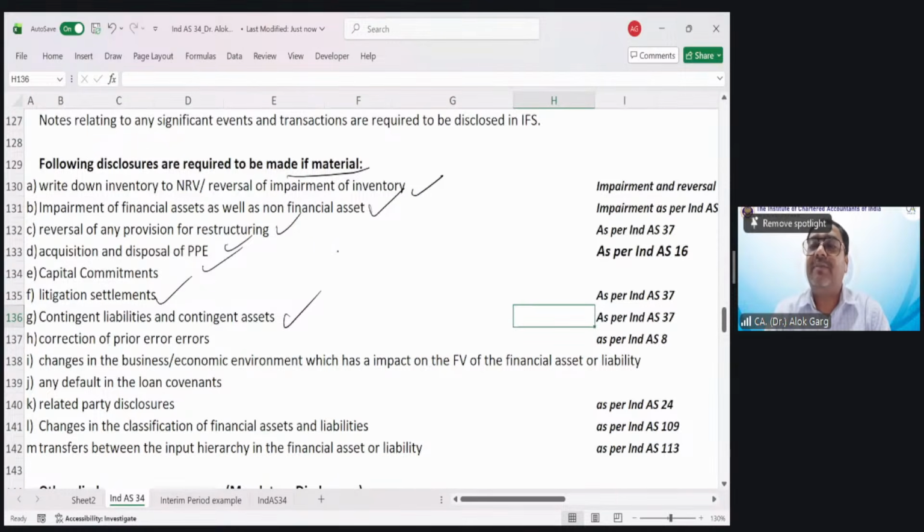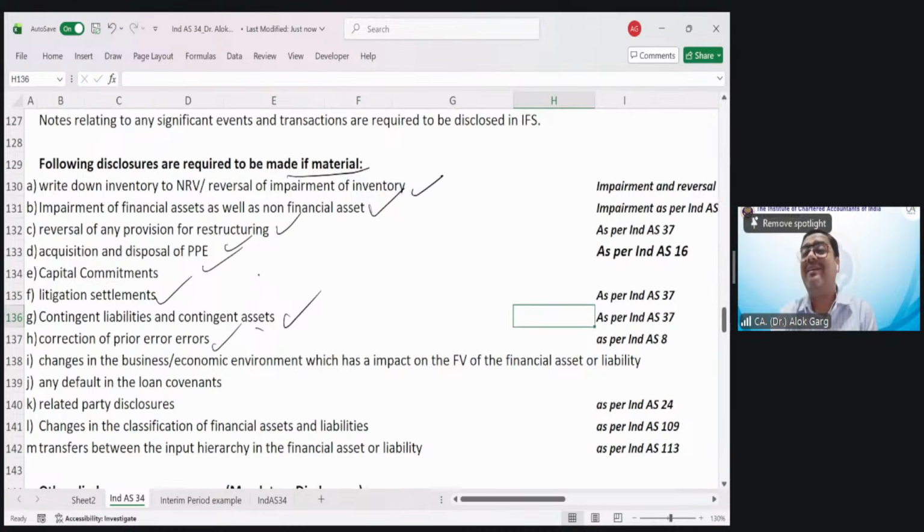They got an income tax demand for 5 lakh rupees. Is it mandatory to disclose this 5 lakh demand of contingent liability? Their balance sheet size is 20,000 crore. Their profit is 500 crores. This 5 lakh demand is not material and hence it is not mandatory. So contingent liability and contingent assets are required to be disclosed when material.